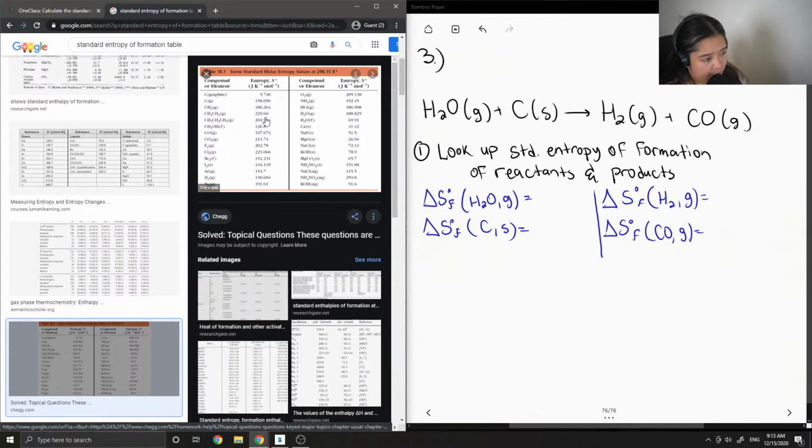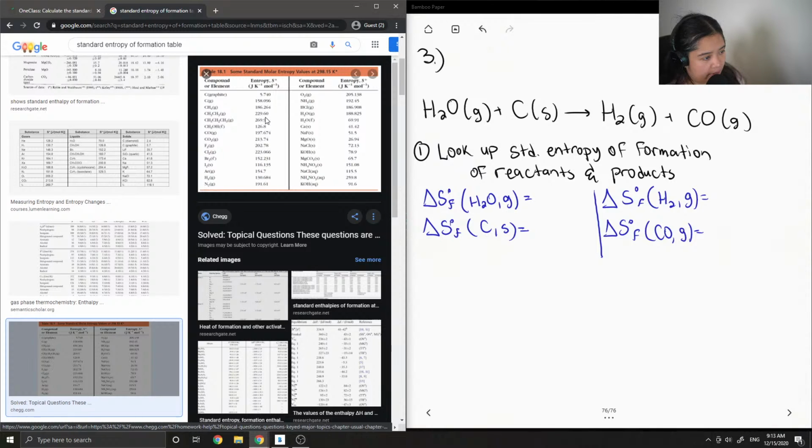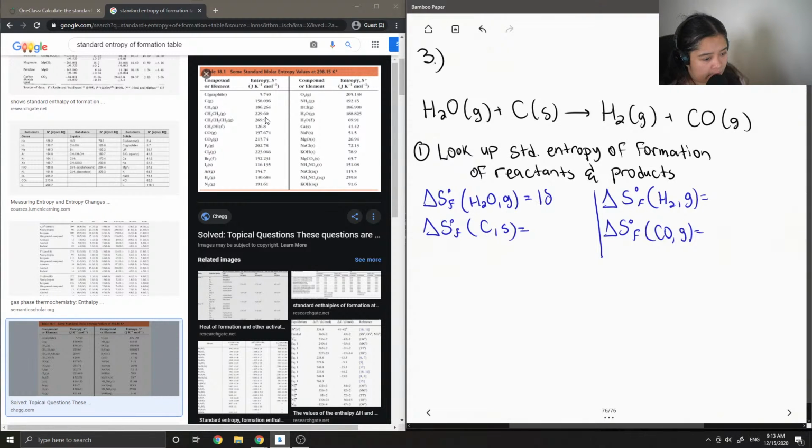So H2O gas, its standard entropy of formation is around 188.8. And the units are joules over mole times Kelvin. For carbon solid, this can also be carbon graphite. So it's the very first one in the column, around 5.74 joules over mole times Kelvin.